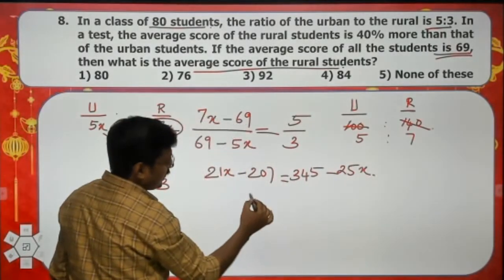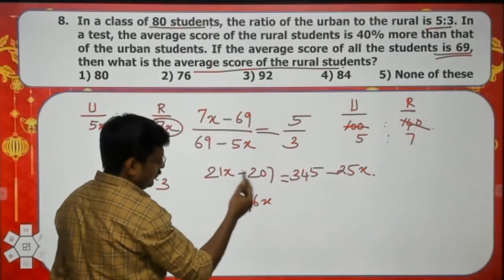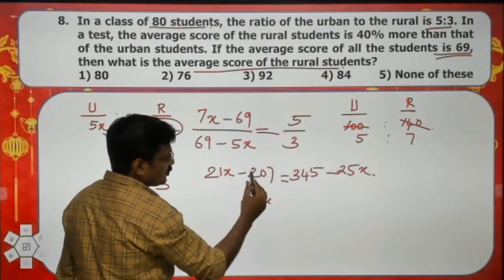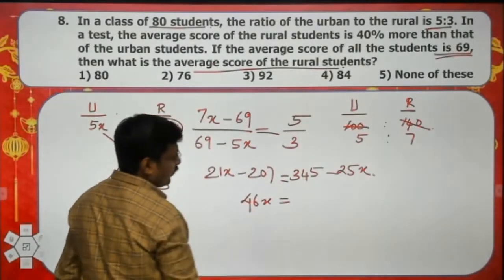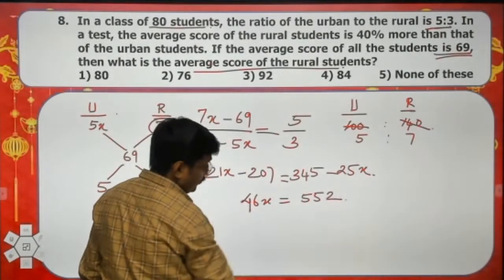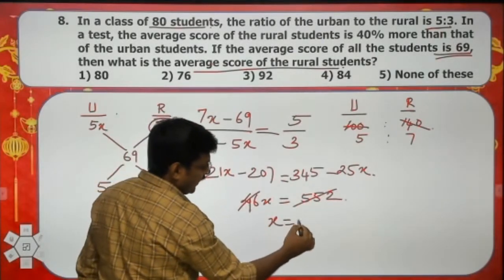On arranging, taking that x to the left hand side, 21x plus 25x, that is 46x. On taking this minus 207 to the right hand side, then 345 plus 207 is equal to 552, right? So on cancelling 46 and 552, we will get the value for x as 12.